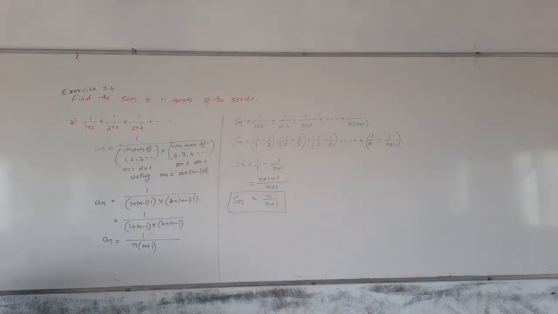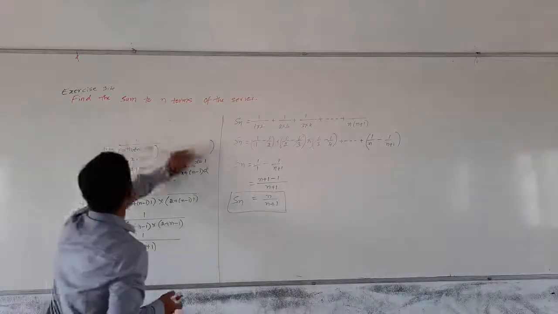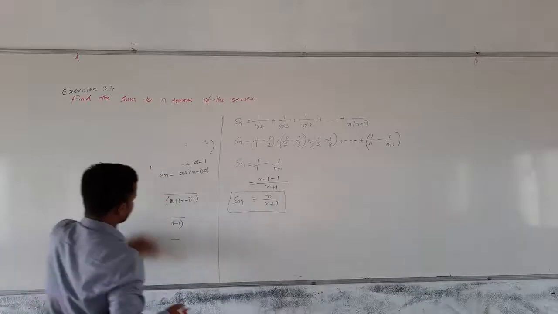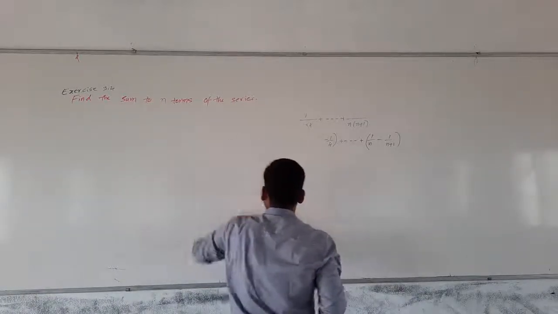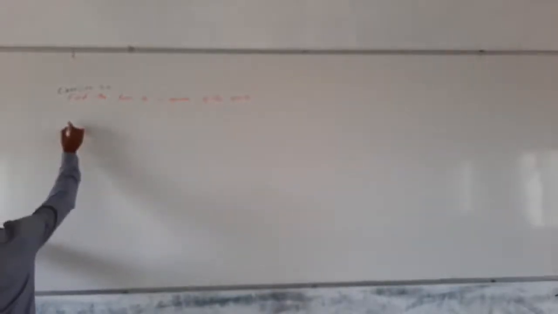We'll take the next problem. That is problem number 5. Problem number 5 is also a very simple problem. We will take that problem. It says find the sum to n terms of the series.